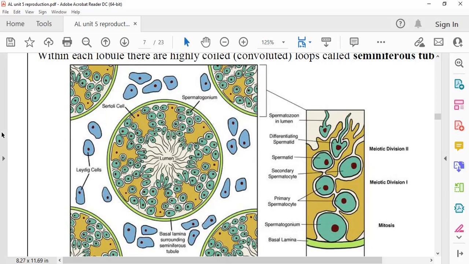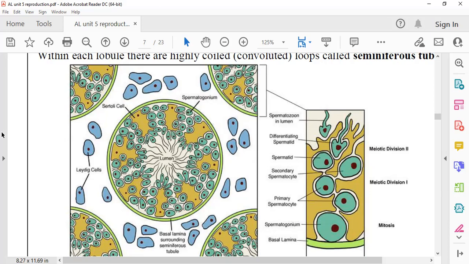From the primary spermatocytes, the cells made are called secondary spermatocytes. From the secondary spermatocyte, the cells made are called spermatids. From the spermatids, the cells made are called spermatozoa.